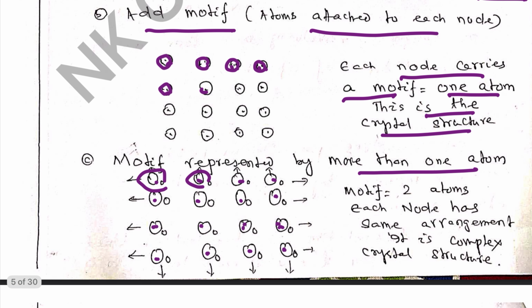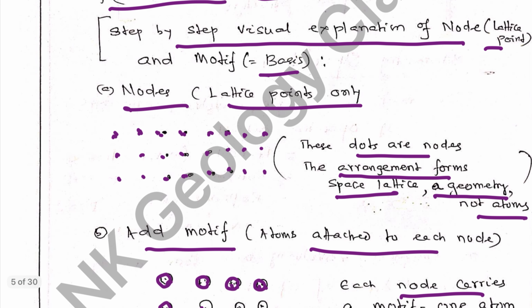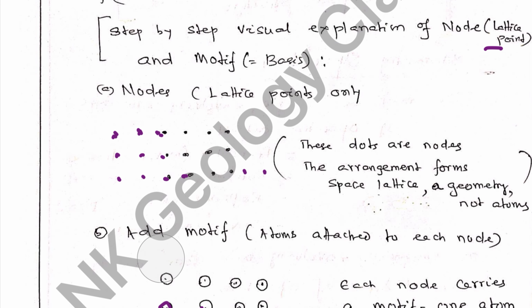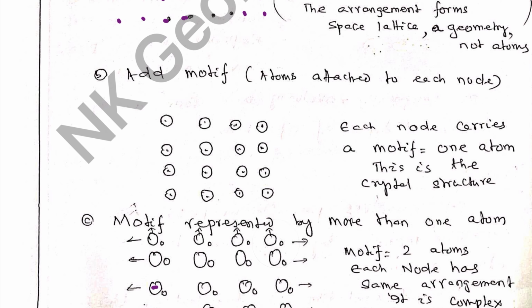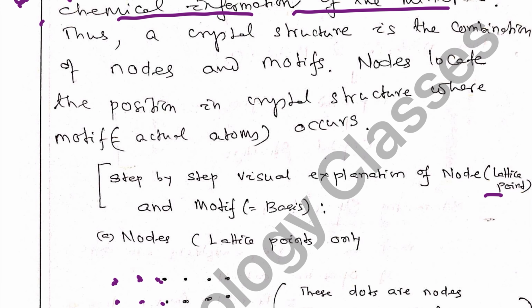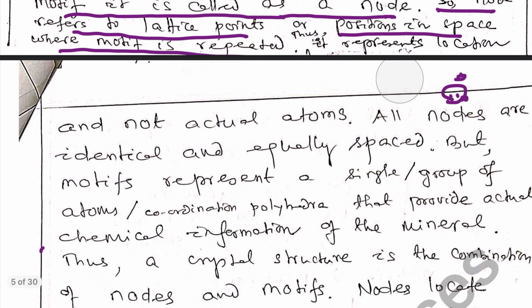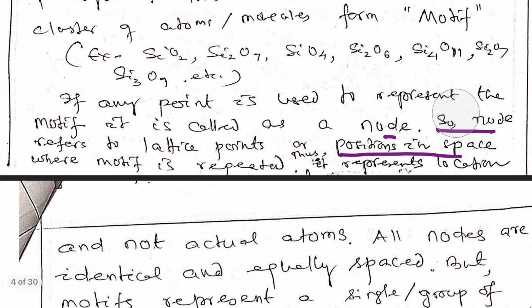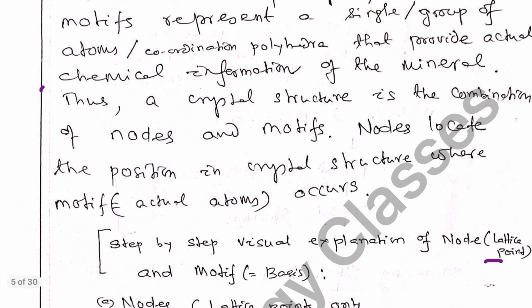In this manner, the atoms are found to be repeated in the crystal structure to develop the crystal. So motif is the actual atoms, and nodes provide the sites where the atoms occur and are repeated in order to develop the crystal.